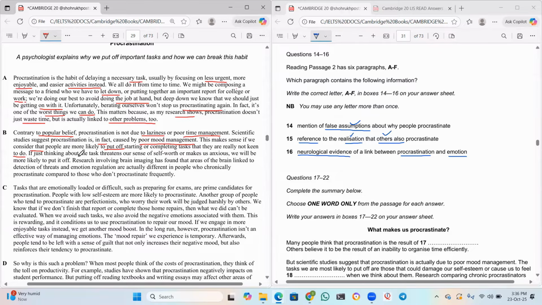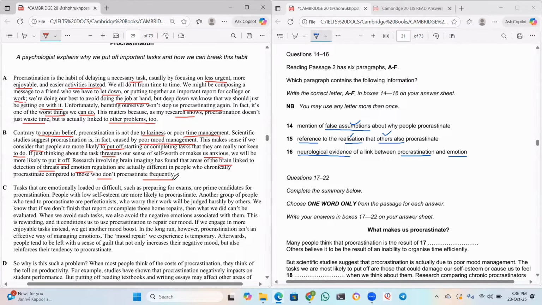If just thinking about the task threatens our sense of self worth or makes us anxious, we will be more likely to put it off. Research involving brain imaging has found that areas of the brain linked to detection of threats and emotion regulation are actually different in people who chronically procrastinate compared to those who don't procrastinate frequently.